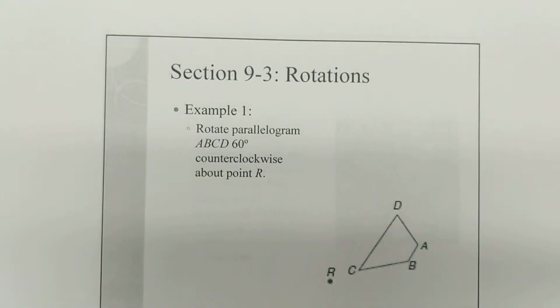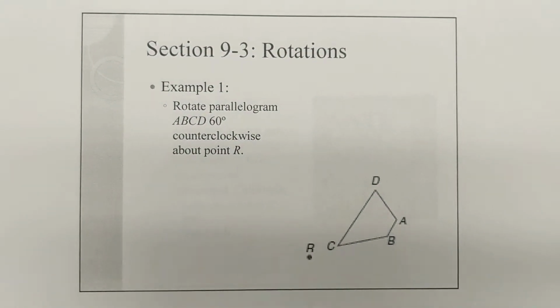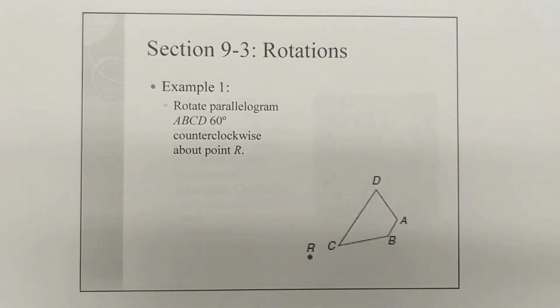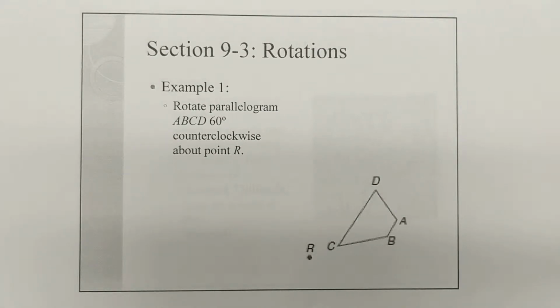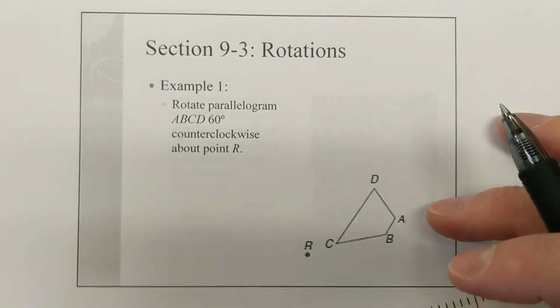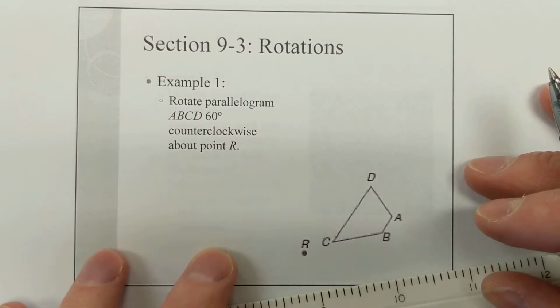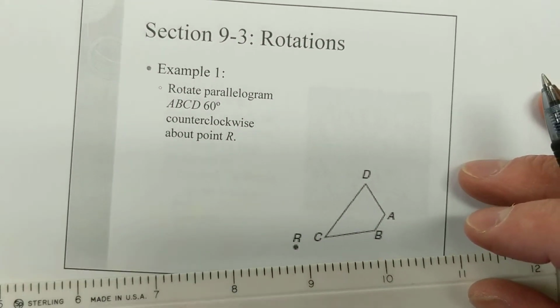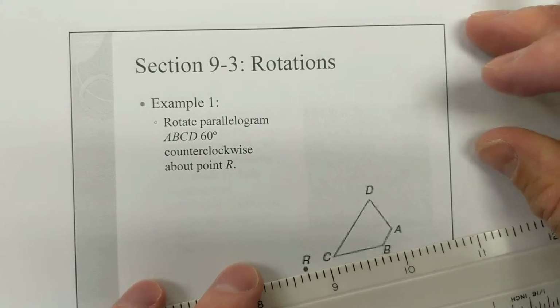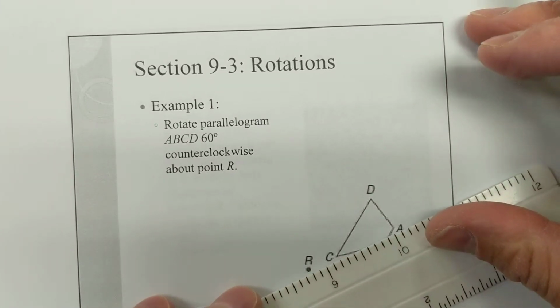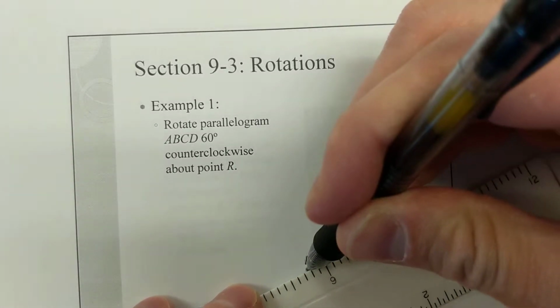All right, so looks like we got our first example here. Rotate parallelogram ABCD 60 degrees counterclockwise about point R. Okay, so to do a rotation of a figure, you're going to need a ruler and a protractor. So step one is we need to draw a line from each corner back to R. It's going to be kind of tricky to do without getting it all goofy on the focus and whatnot.